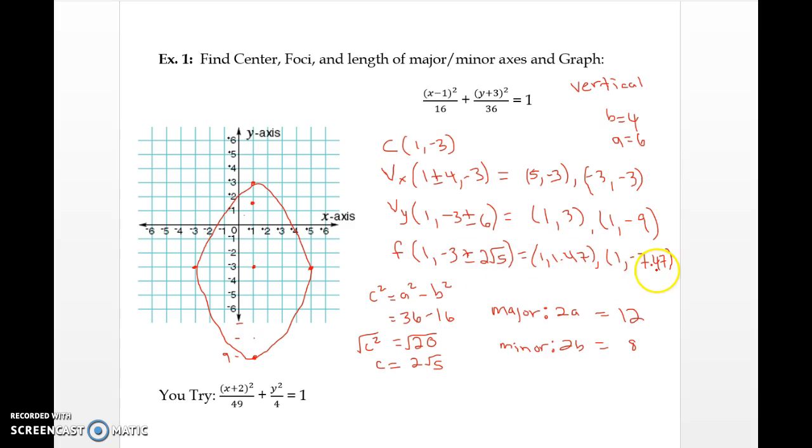And then negative 7.47. So that's about 7.5. I'm going to have you label everything. Label your foci. Label your center. You don't need to worry about labeling your vertices. That's fine. And this is how we've found all of our stuff, and we've graphed our first ellipse. So continue on to part 2 of the videos.